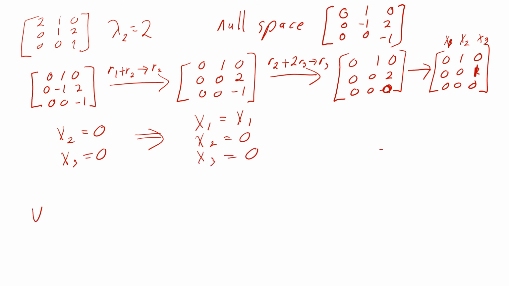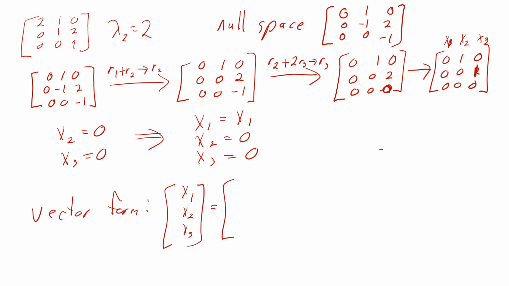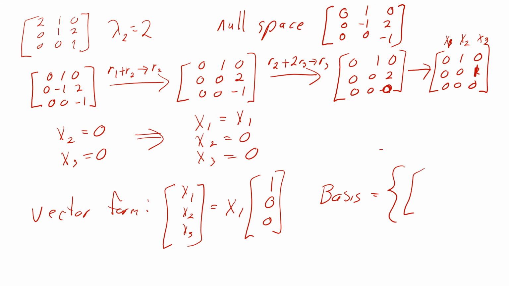In vector form, we now have x1, x2, and x3 is equal to x1, our free variable, times 1, 0, 0. So our basis for this eigenspace is 1, 0, 0. There is our basis for the eigenspace.